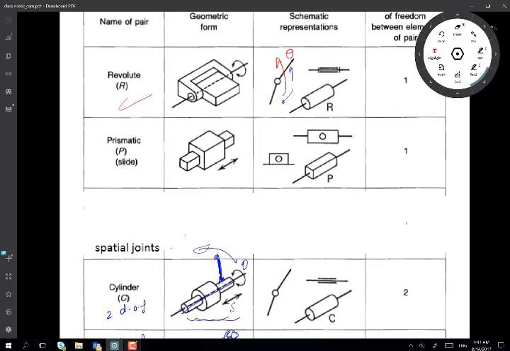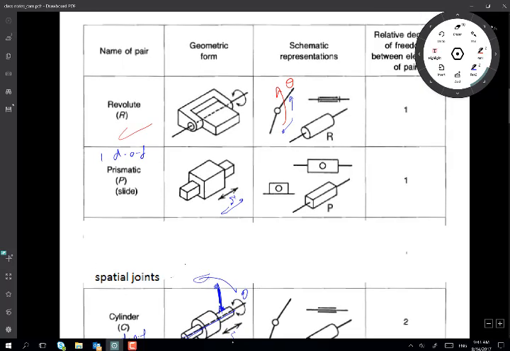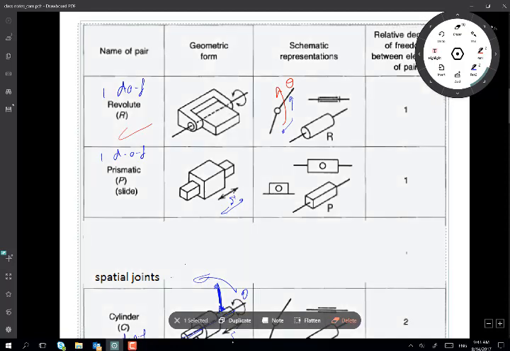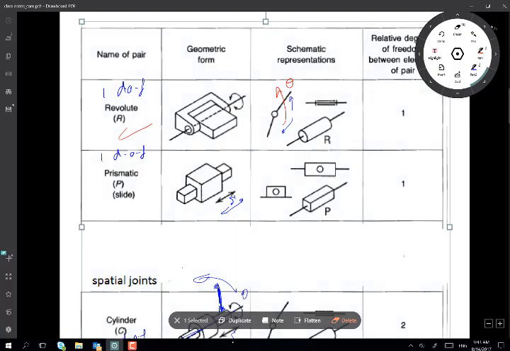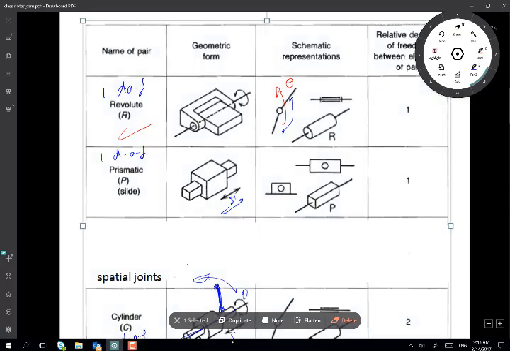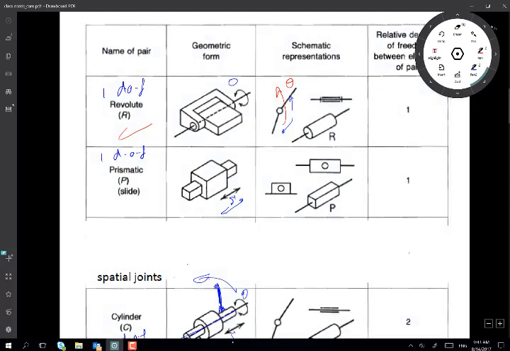Now the prismatic joint is only a single degree of freedom joint. It allows only one freedom, which is S. And the revolute joint also is a single degree of freedom joint. It allows for the single motion, which is theta.